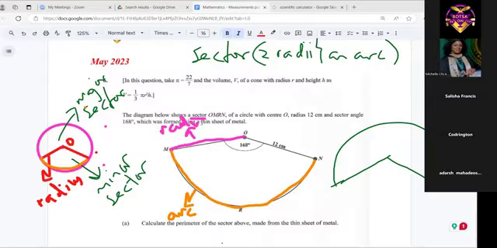I know some people know that all the radii in a circle have the same length, right? But for those who don't know, yes, in the same circle, if you know the length of one radius, the other radius will be the same length. So even if they have 10 radii drawn in a circle, once it's in the same circle, they will all have the same exact length. So those things are important to know and also remember.